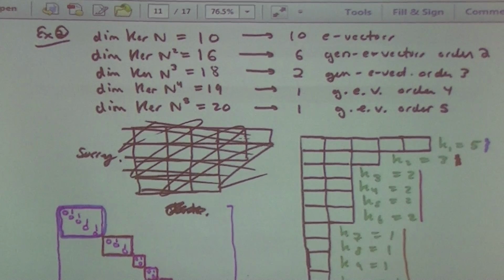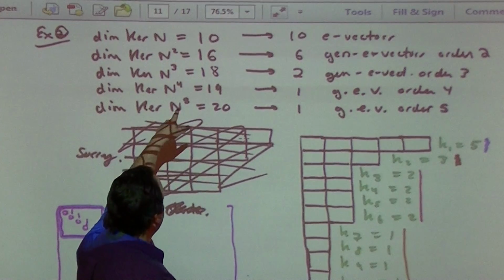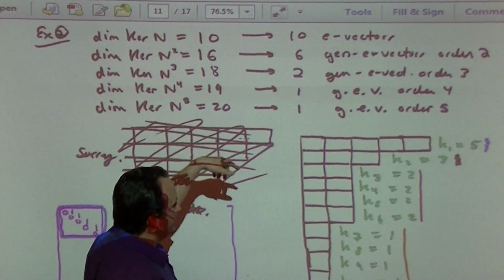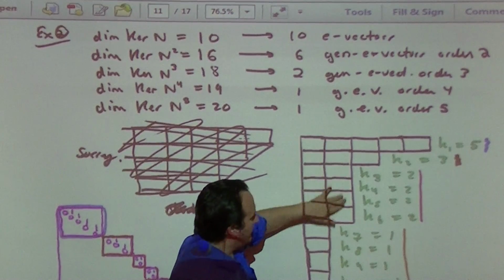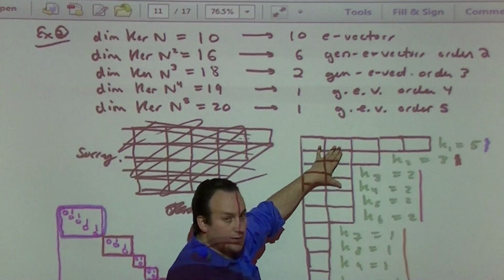Of course, you also have all the eigenvectors in the kernel of n squared. They're still there, right? But you get 6 new things. So 16 minus 10 gives you 6. That's the number of generalized eigenvectors of order 2 here.